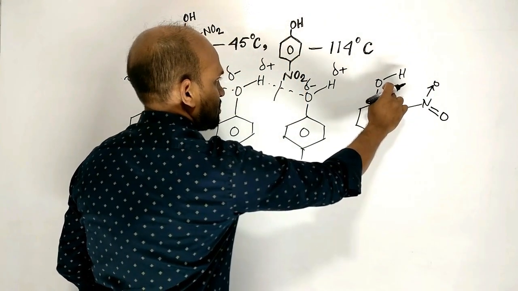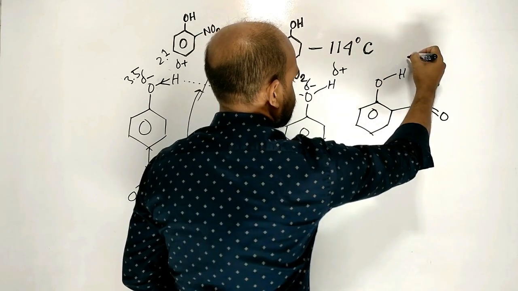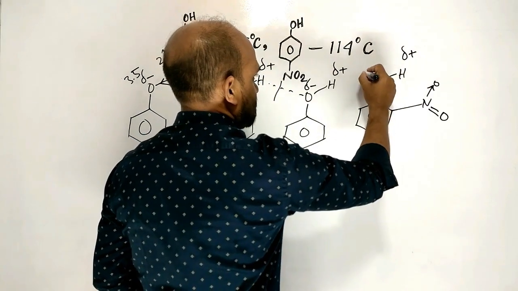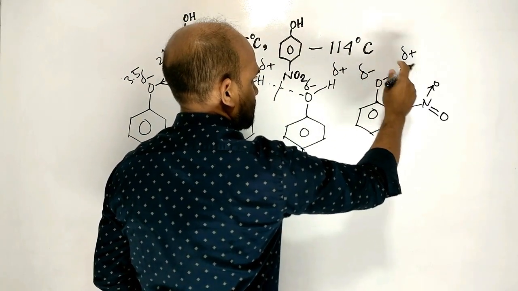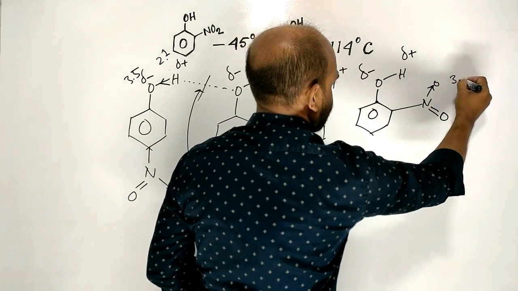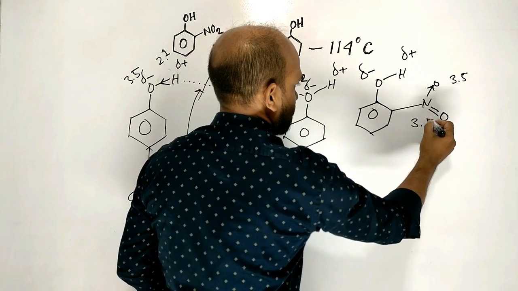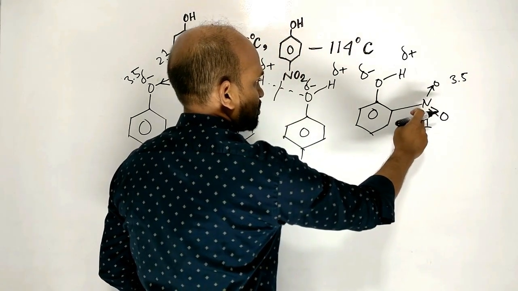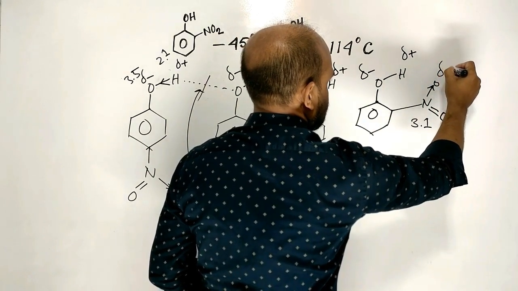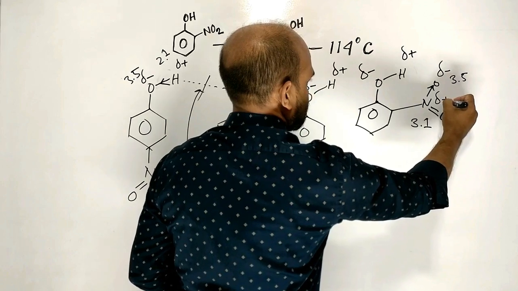Here we see that this hydrogen-oxygen bond is polarized. Hydrogen is partially positive and oxygen is partially negative. Here the electronegativity of oxygen is 3.5 and the electronegativity of nitrogen is 3.1. Because of this electronegativity difference, oxygen becomes partially negative and nitrogen becomes partially positive.